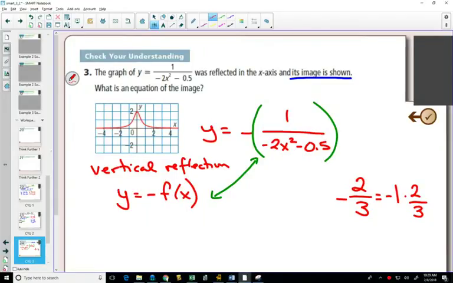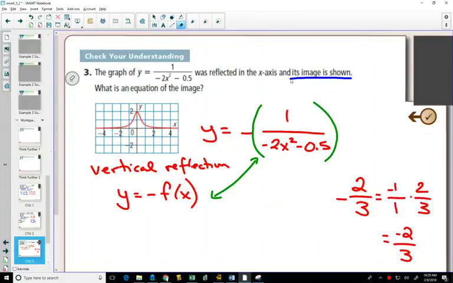And if I'm multiplying fractions, we know how to multiply fractions. We multiply the top of the fraction times the top of the fraction, and the denominator, the bottom of the fraction, times the bottom of the fraction. So if I have a negative 1 out in front, this could also be written as negative 1 over 1. And if the negative was on the top, it would make sense that this is the same as negative 2/3.